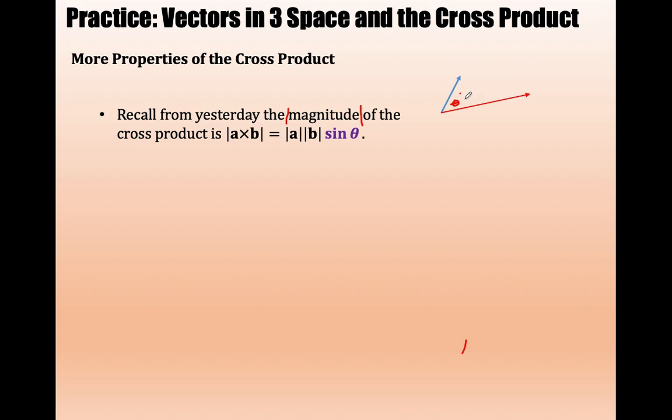Now check this out. What happens if I draw a parallel vector to the blue one and do tip to tail, and then a parallel vector to the red one, tip to tail? What is that shape? A parallelogram, right?